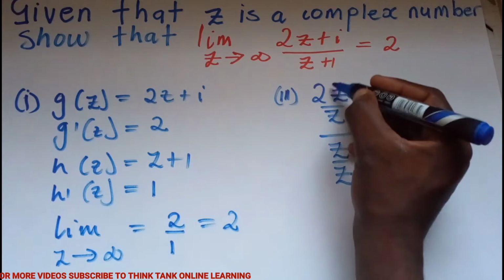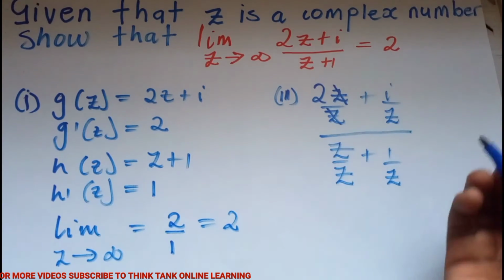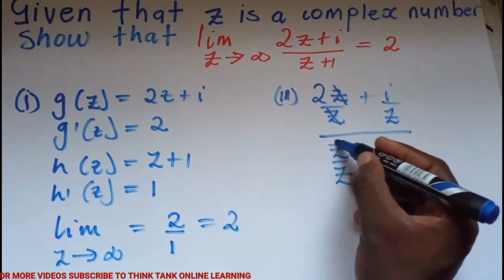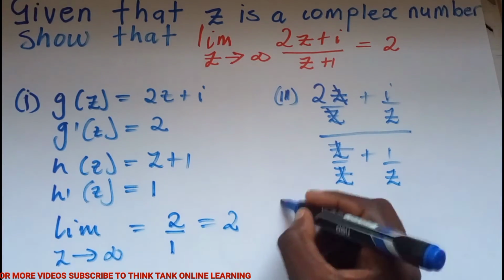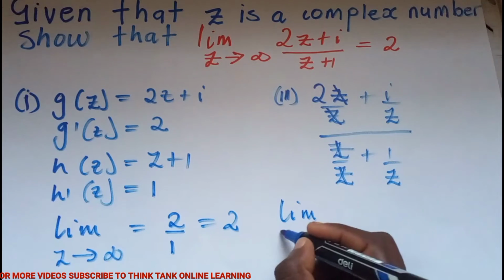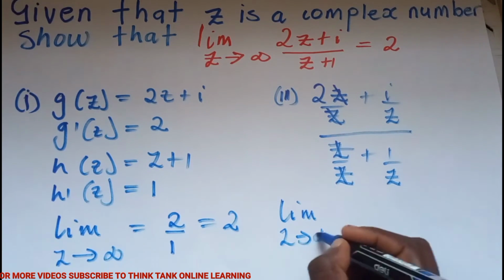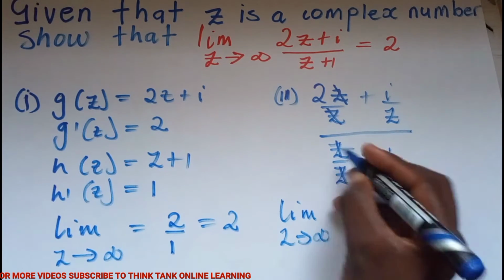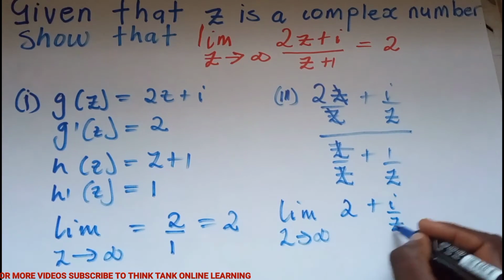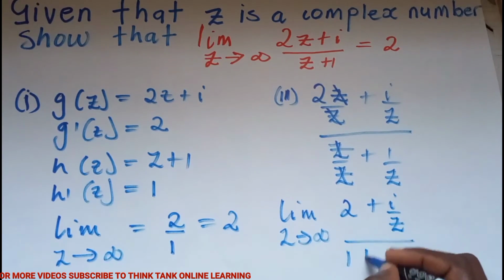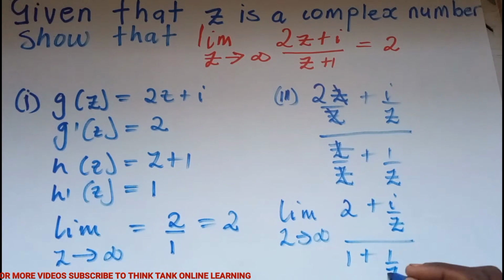Now we can cancel z, and after doing that, I'm going to substitute my infinity. So I'm going to say the limit as z approaches infinity of the function (2 plus i over z) over (1 plus 1 over z).